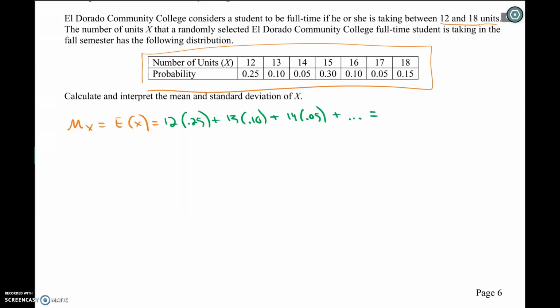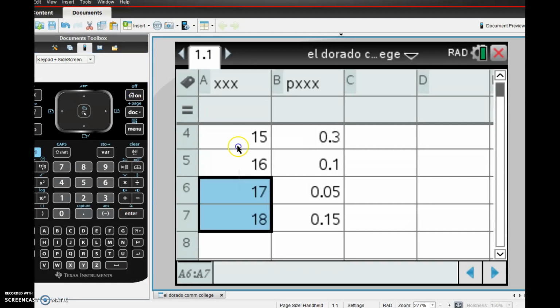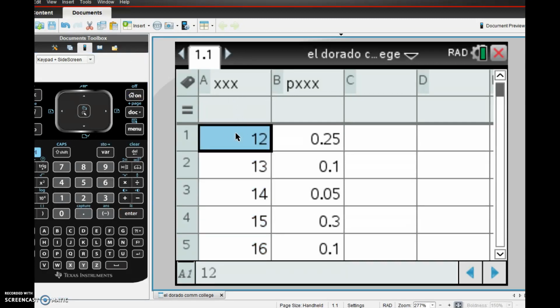However, if we want to use our calculator to do it, then we need to input this table into our calculator. So I'm going to do that right now. Let me pause the video. All right, so I put this into my calculator under x's for my x's, and then P of x for my probabilities.